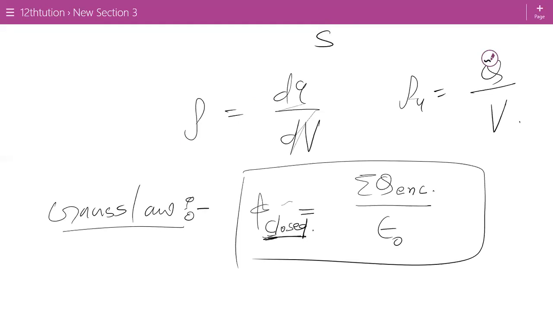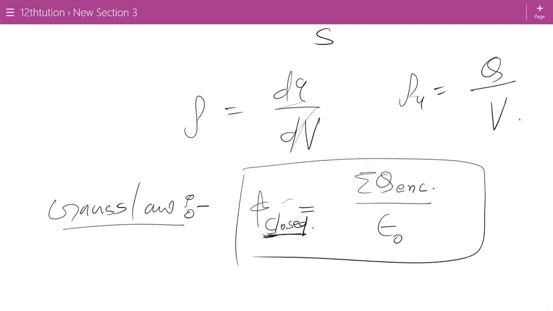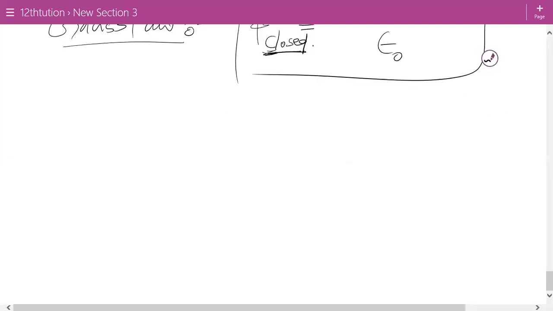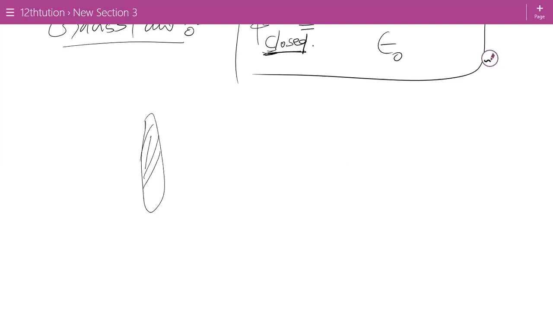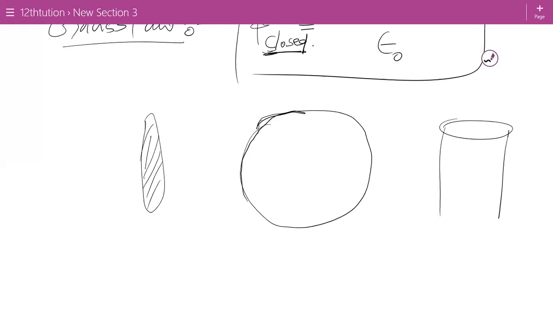It means the flux through a closed surface. For example, an open surface means this surface is open. But the surface of a sphere is closed because it is enclosing some volume. The surface of a cylinder is also enclosing some volume inside.